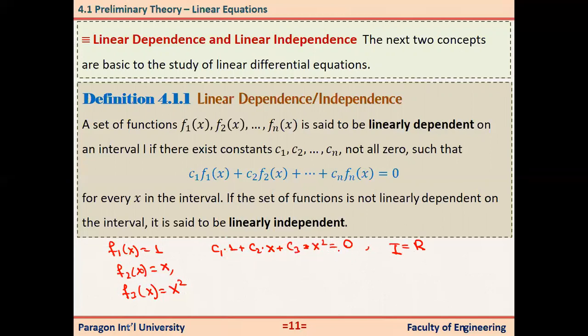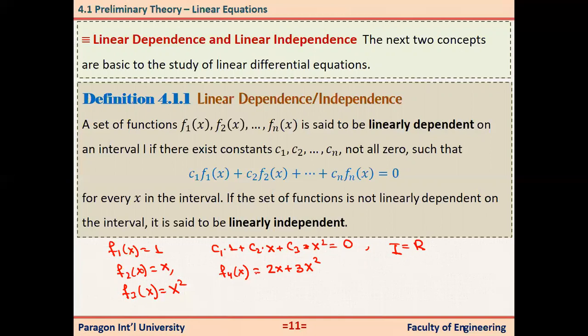All right. But if we pick something like, for example, let's say I add one more function here, f4 equal to 2x plus 3x squared. Now if you consider f1, f2, f3, f4, are they linearly independent or dependent?